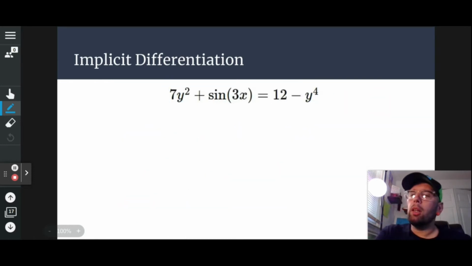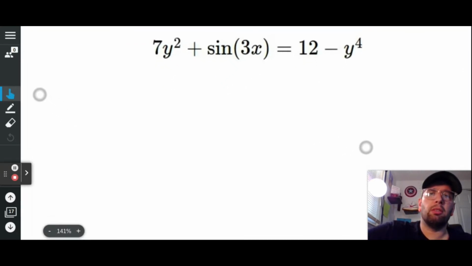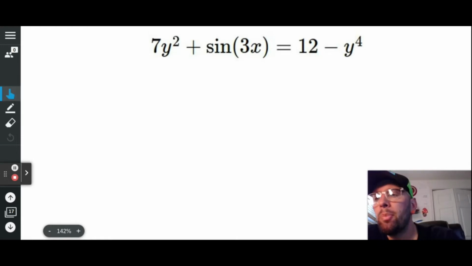Well, let's zoom up. Give myself a little bit more space. There we are.